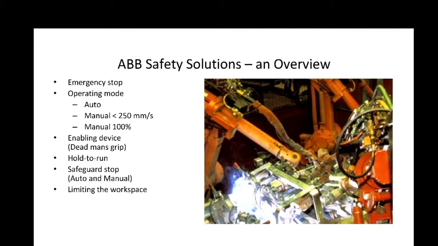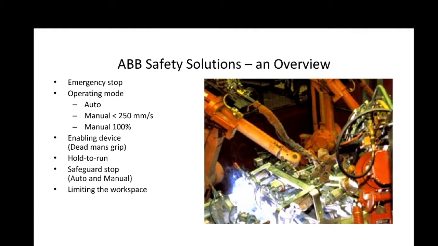Based on safety, that switch is considered in the robot. Hold to run follows the same concept as the enabling switch. Safety guard stop and auto manual we already discussed. Limiting the workspace: the robot always needs a good workspace. Only then can the robot work well and safely. We have to ensure that always.